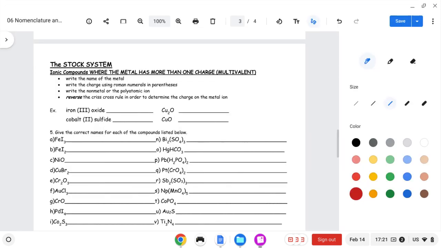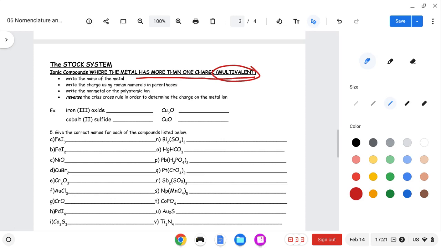So the stock system addresses this. This is where your metal has more than one charge. We call the term multivalent. What we do is we write the name of the metal, and then we write the charge using Roman numerals in parentheses, so in brackets. And then we just write the nonmetal or the polyatomic ion as usual.